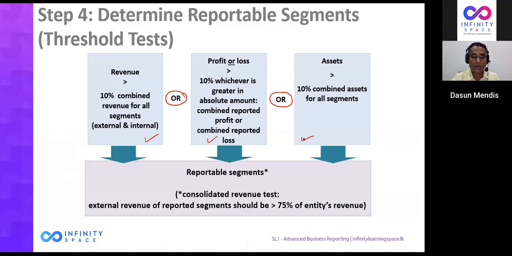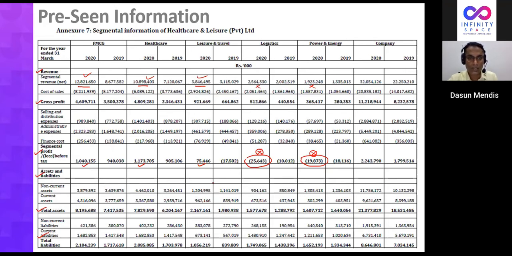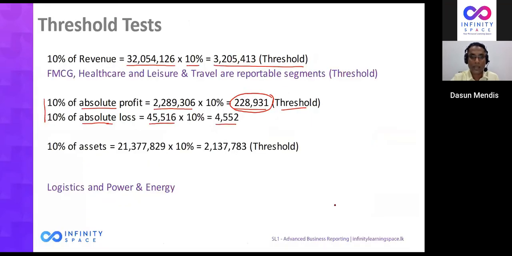Again, take the total asset value of all the segments. I would say total asset value, I can take actually the company asset value, 21,377,829. Okay. Out of that value, I'm taking what? 10%, which is 2,137,783.